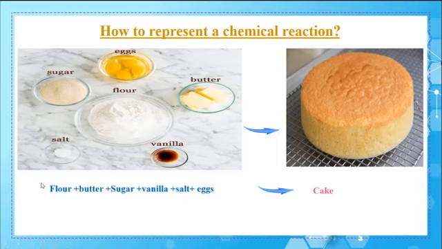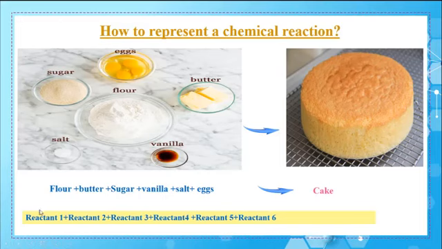These are known as, what do we call them? Reactants. Here I have 6 reactants, 6 starting substances, to obtain the cake, which is the product that I'll obtain. The cake is a product. I have only one product. Yes, starting from 6 reactants to obtain one product.